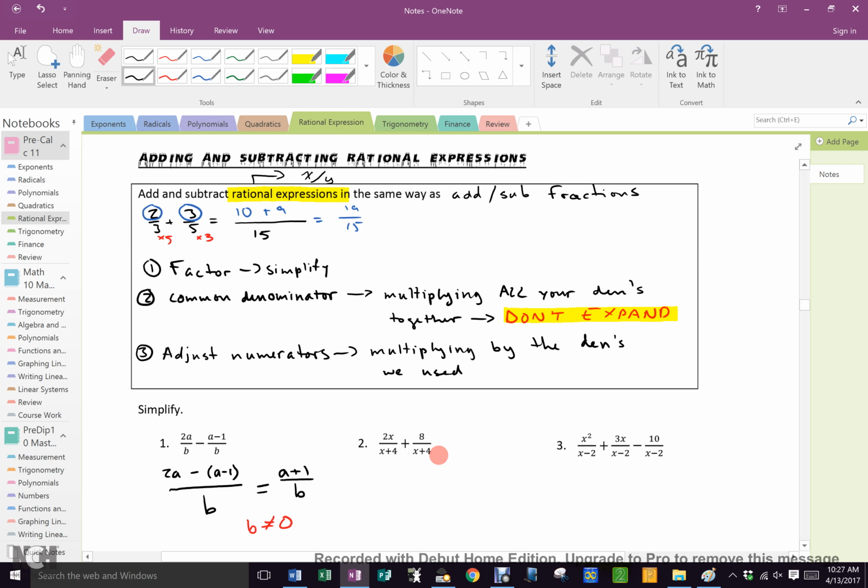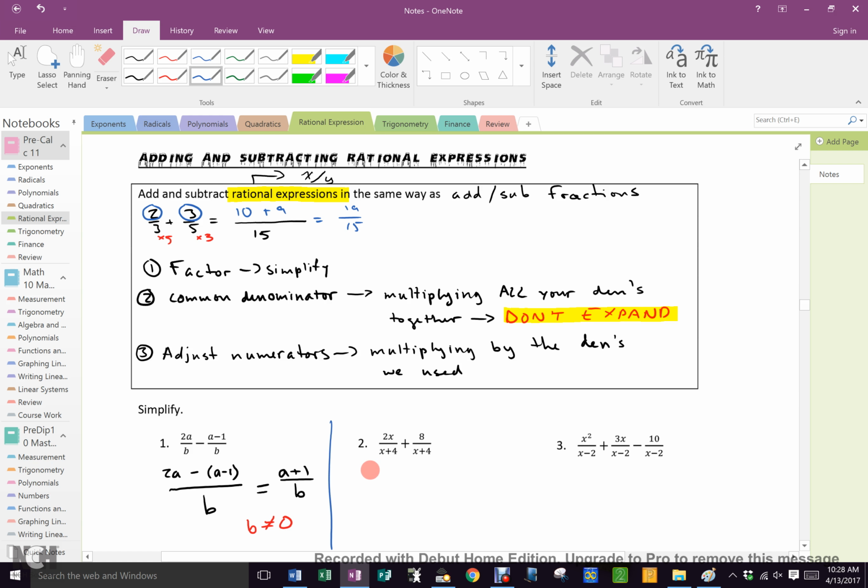You should be able to do it in your head. What's the numerator? What's the numerator?